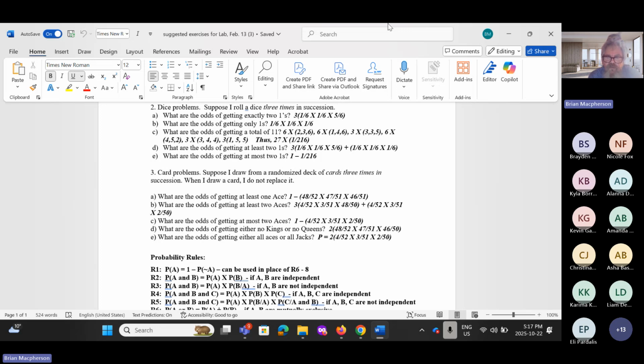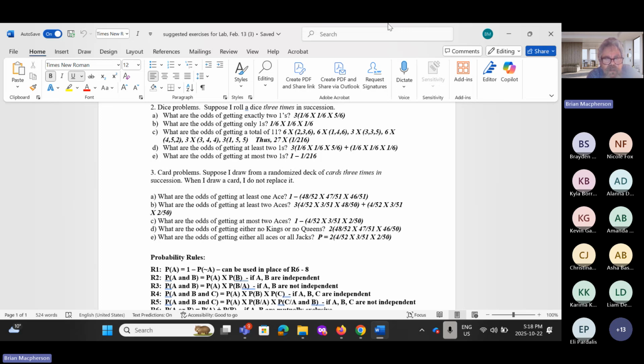So it's 1 minus 48 out of 52 times 47 out of 51 times 46 out of 51, all of that is the chance of getting no aces, right? So I subtract that from 1 using the complementation rule, and it will be whatever that works out to be arithmetically.